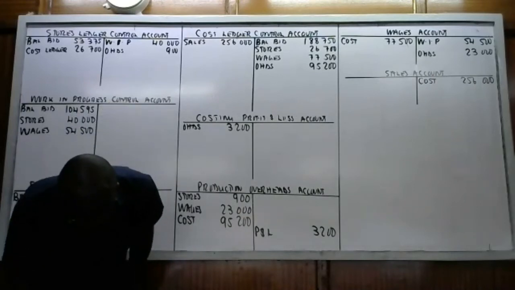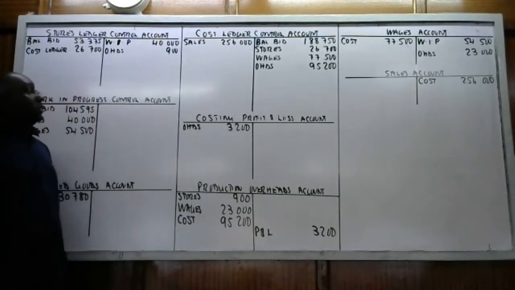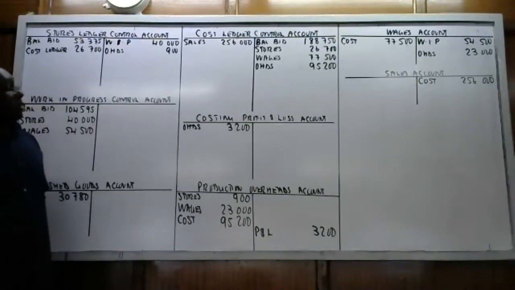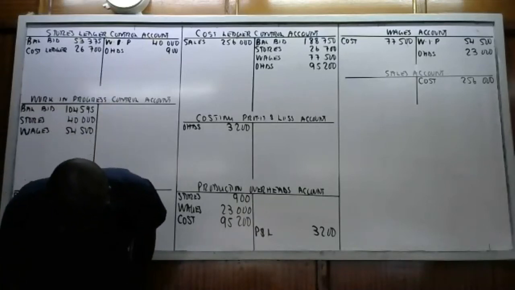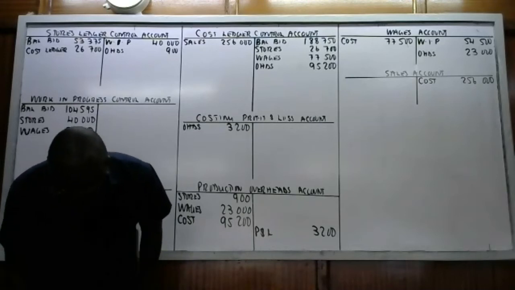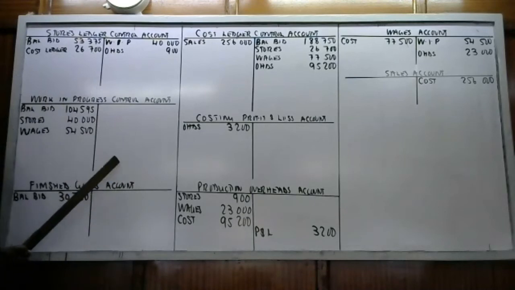Then the company's gross profit is 25% on factory costs. Let's leave that one for now. At the end of the year, work in progress increased by 7,500. So now we come here.